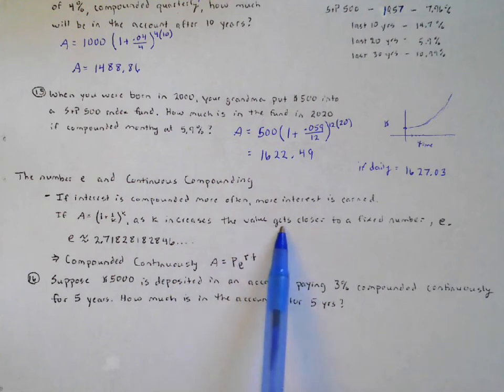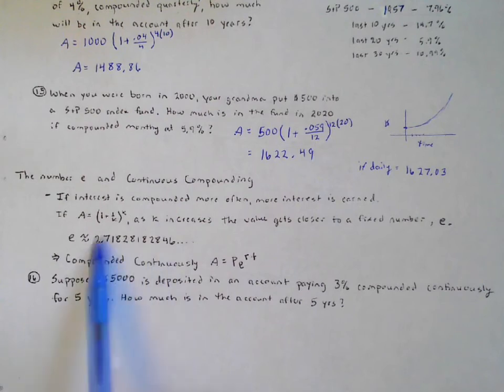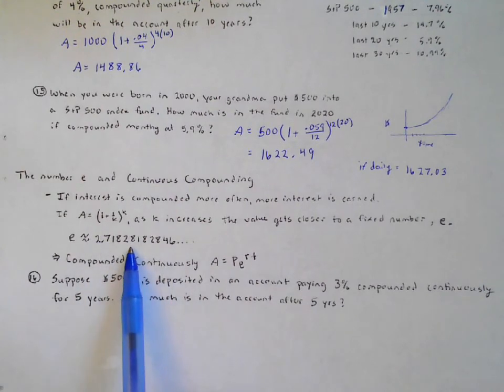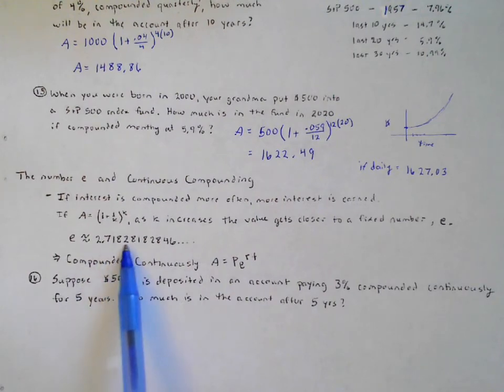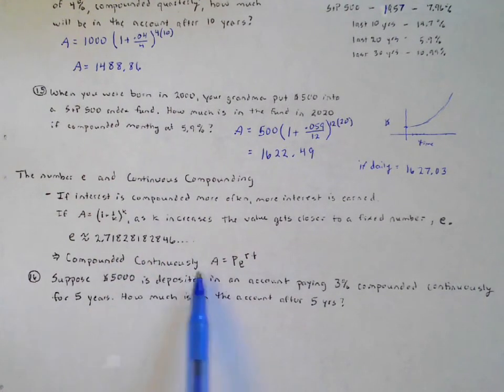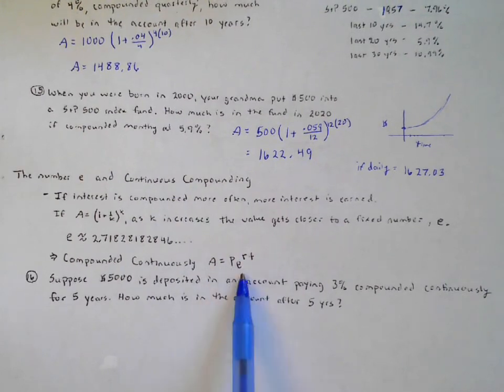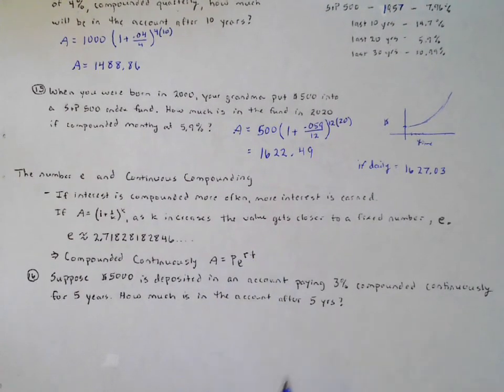The value keeps getting closer and closer to a fixed number, which is e. Okay, this is our number e. So just like pi is irrational, 3.1415, blah, blah, blah, e is also an irrational number. Okay, it's another famously irrational number, math famous. So if it's compounded continually, it's our principal times e raised to the rt.